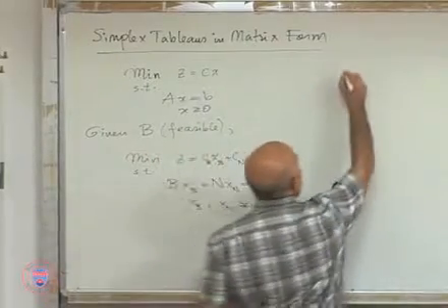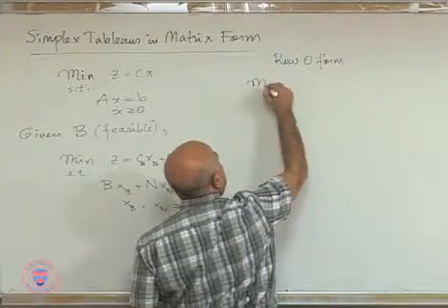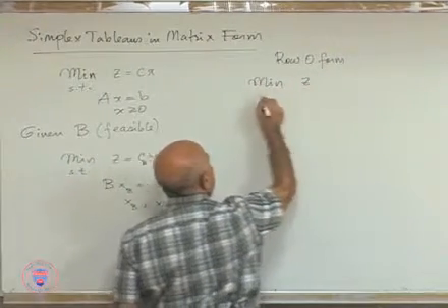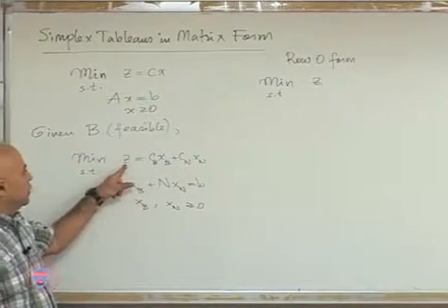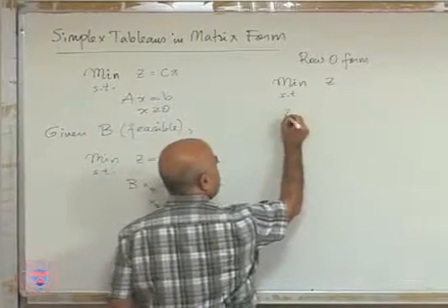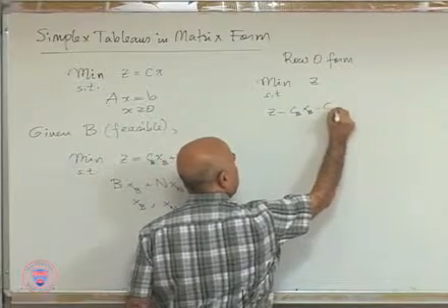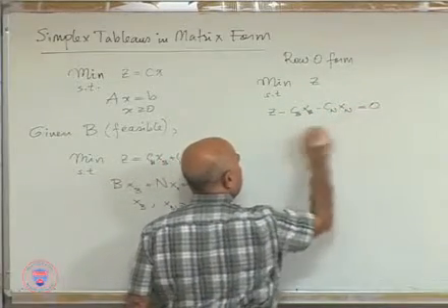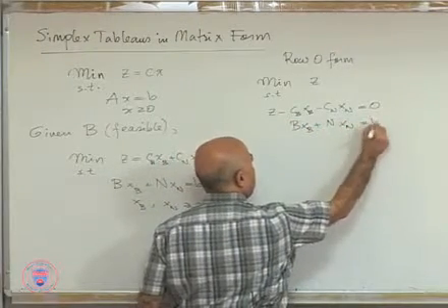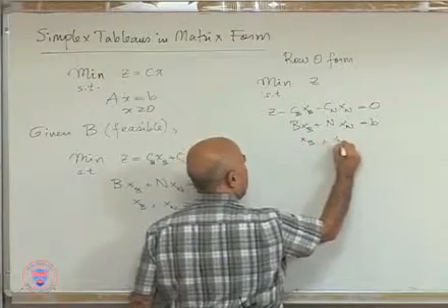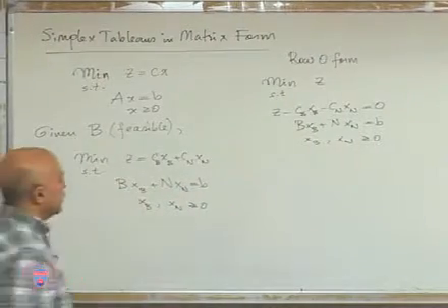And I also gave you the row 0 form, which is simply the same problem where the minimization is on the additional variable z, whose definition is here. Nothing new so far. You've got that already.